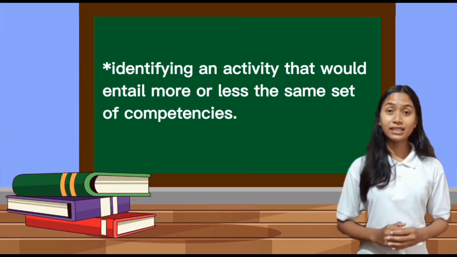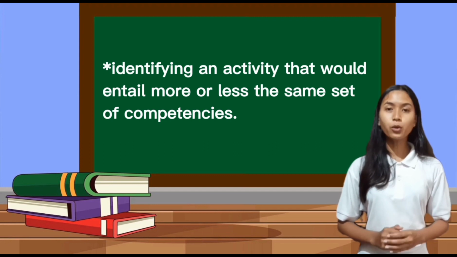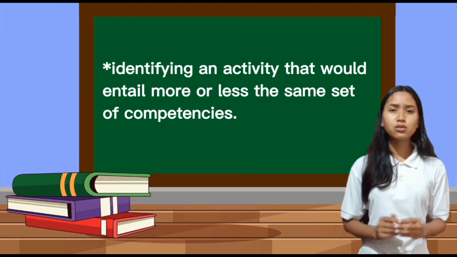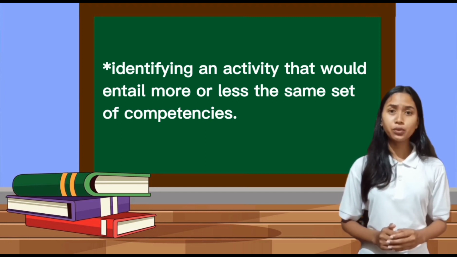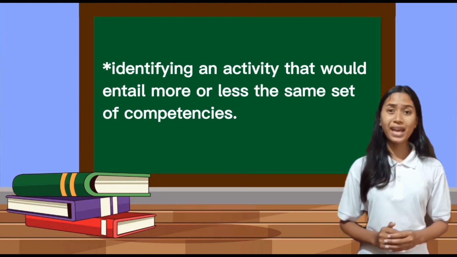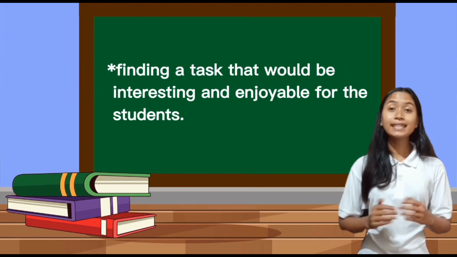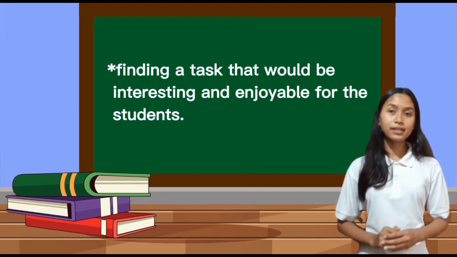Identify an activity that would entail more or less the same sets of competencies. If an activity would result in too many possible competencies, then the teacher would have difficulty assessing the students' competencies on the task. And find a task that would be interesting and enjoyable for the students.